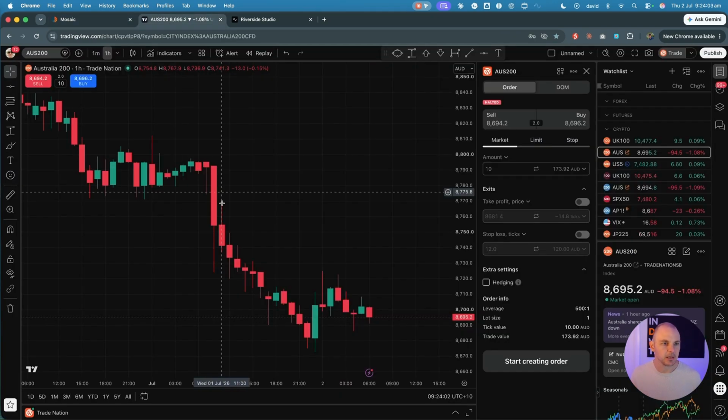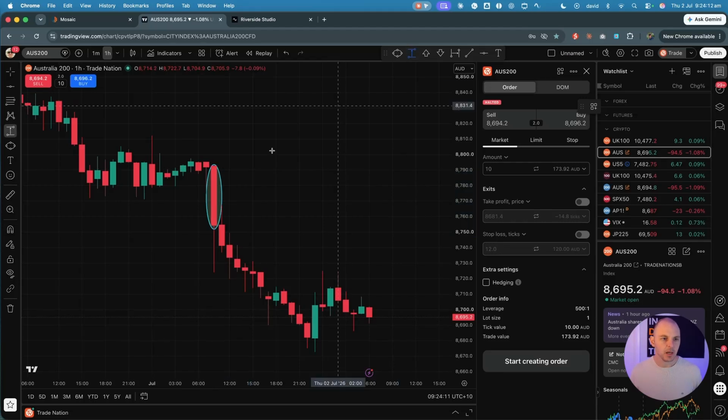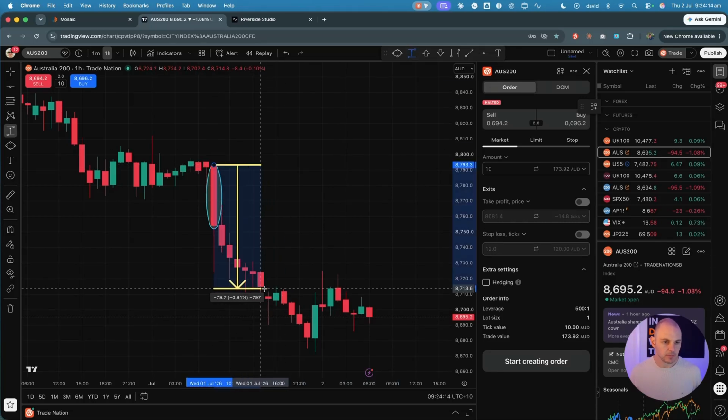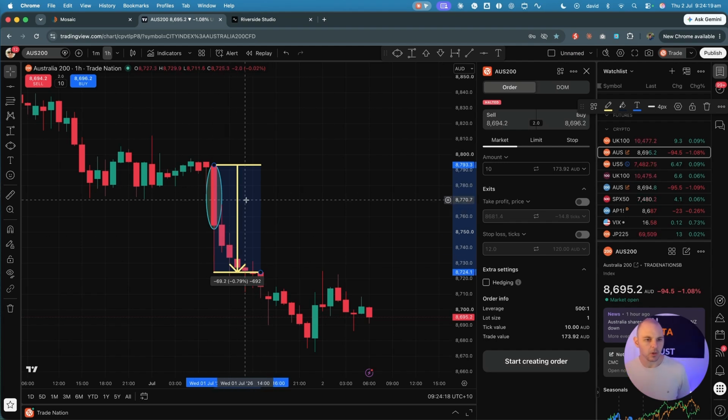If you want to go back and verify it, here was the first hour fall at 10 o'clock yesterday, and then obviously 10 till 4 p.m. was the fall there. So it's basically just saying, okay, that's interesting.